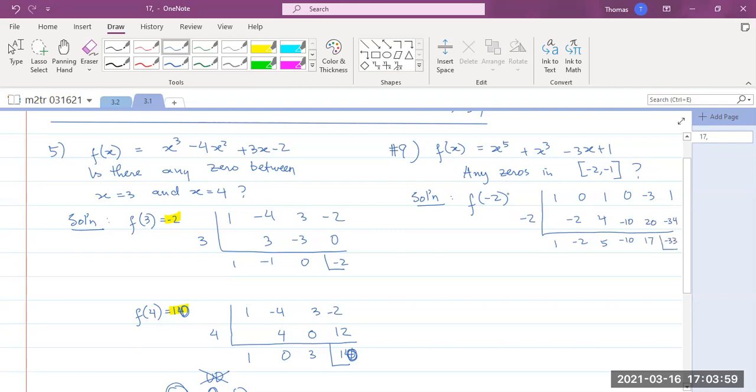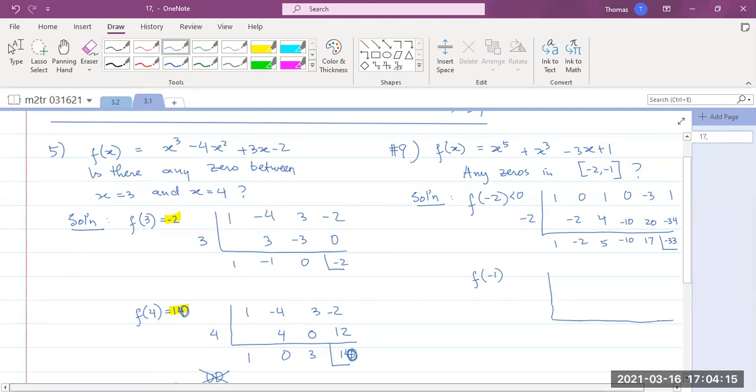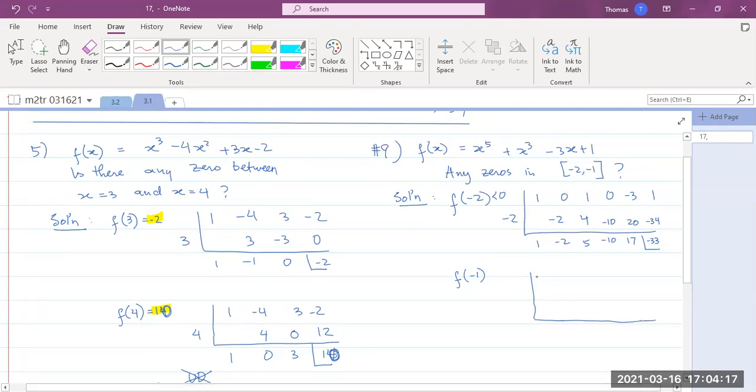We just care that it is negative. And how about f(-1)? Remember, we just need them to be opposite signs, so we don't really need the -33 actually. 0, 1, 0, -3, 1, 1 falls down.